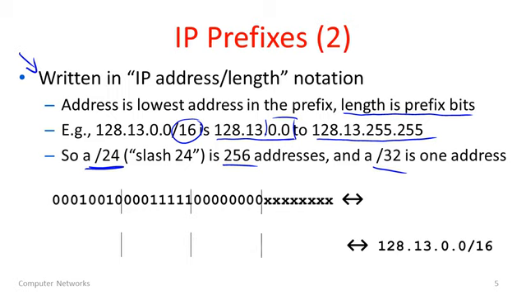Let's do an example to see how all of that works. Here is a number written out in binary, except I've X'd out the last bits because they can take any value. How will we write that in our notation? Well, the last 8 bits are free, so the first 24 bits are fixed. So this is a /24 prefix.